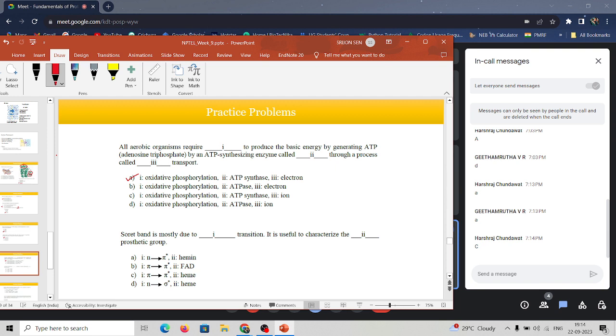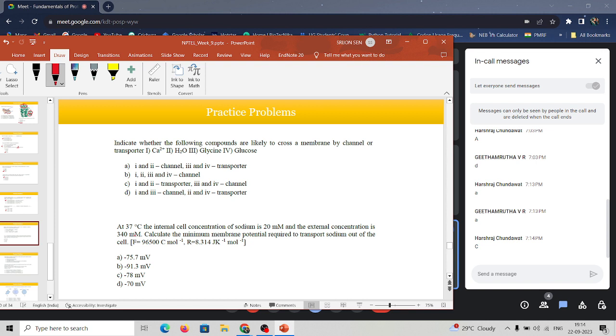You are saying pi to pi star transition and heme group. In the porphyrin compound you have a heme group, so that is correct. Option C is the correct answer. The transition is mostly due to pi to pi star, and because of that character it helps to characterize the heme prosthetic group.